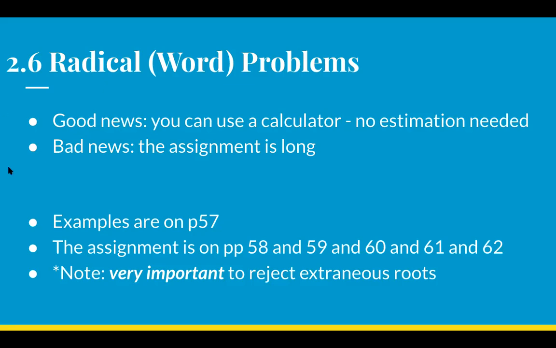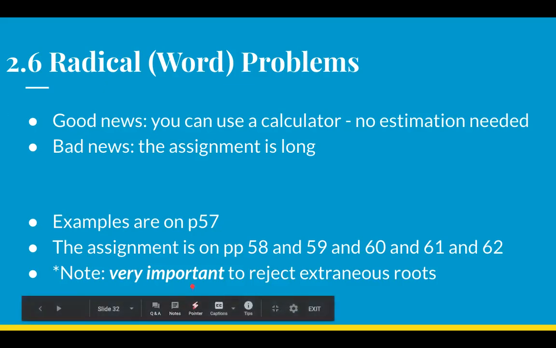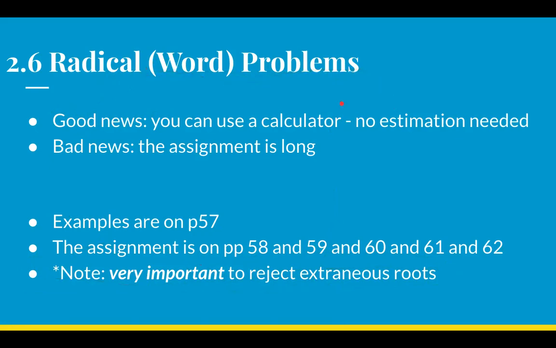The most important thing here, let me get the pointer because that's how important it is, is this bottom piece where it says it's very important to reject extraneous roots. Because we're doing word problems, when we're solving for radicals you're going to get the answer plus or minus 2 or plus or minus 7.6 or whatever it is. In this case, the problem might ask how tall is Caleb?